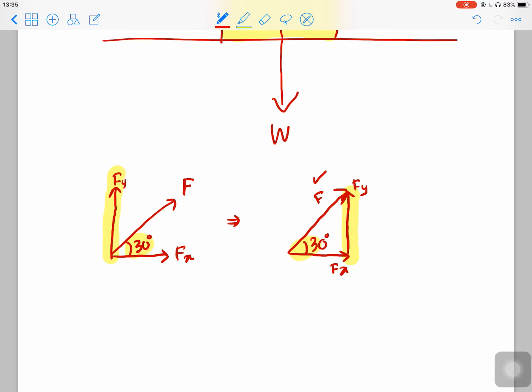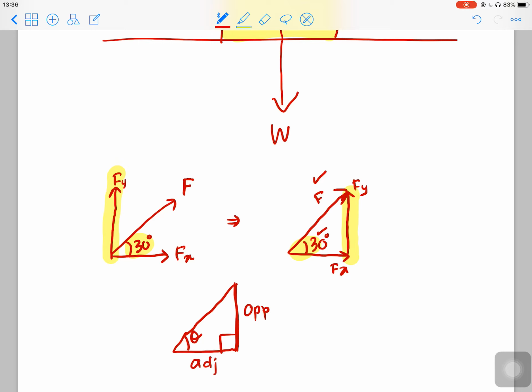You are given the F over here. You have the value of the F. You have the angle. So literally, we can find the Fy and Fx based on the triangle that we have learned in mathematics for the right angle triangle. For the right angle triangle, this is 90 degrees. If this is theta, so we know this one is the opposite, I just write OPP. The next one is the adjacent, I just write ADJ.